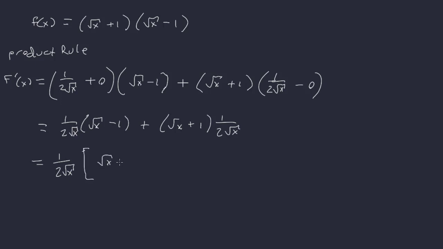Okay, and we'll be left with the square root of x minus 1 plus the square root of x plus 1. I'll keep the parentheses to make it consistent, but the 1s are going to cancel, and then we're going to be left with just the 2 square roots on the inside, so we get 1 over 2 root x times 2 root x.